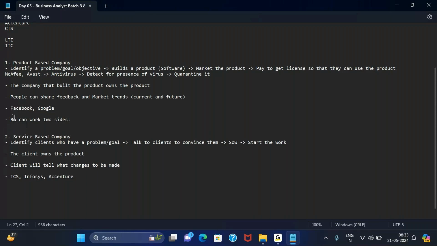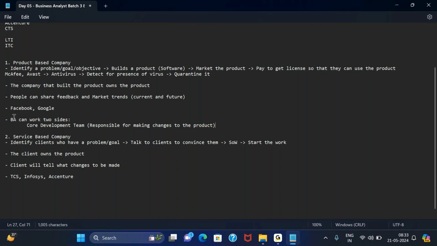A product-based company usually structures itself with a core development team. This core development team is responsible for making changes to the product.